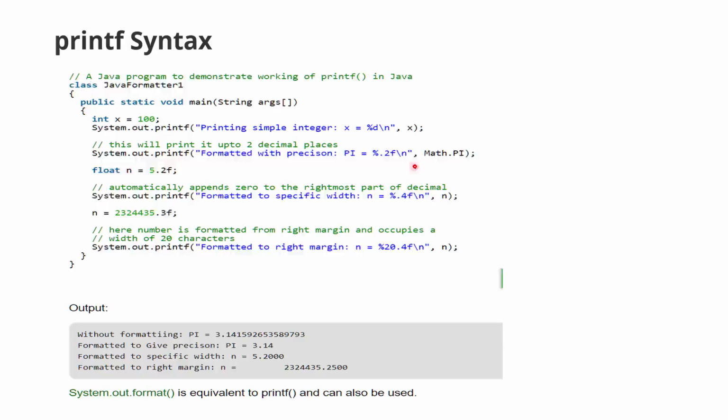So printf is a quite useful method. Just one note, please also look at System.out.format. It's very closely related, if not identical, to printf in how it's used.